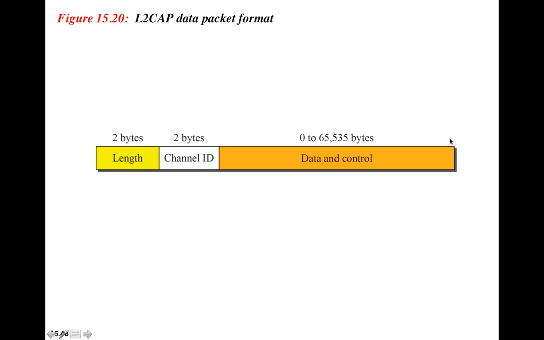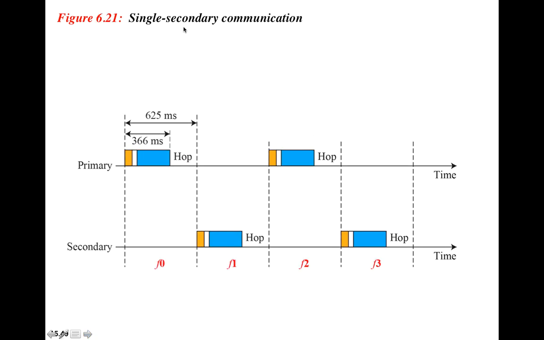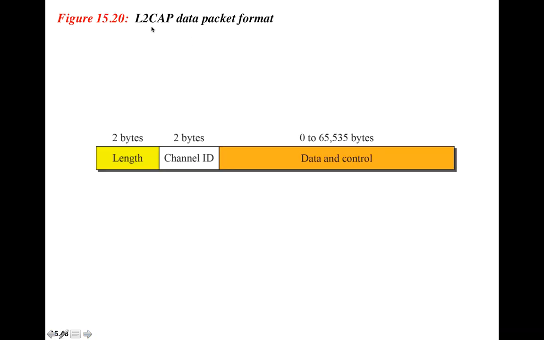You have channel ID indicating the channel from the higher layers. This channel ID will indicate the virtual channel from TCP and the other layers. And you have the data and control bytes. So the data and other information will be in here. So this is the L2CAP packet.